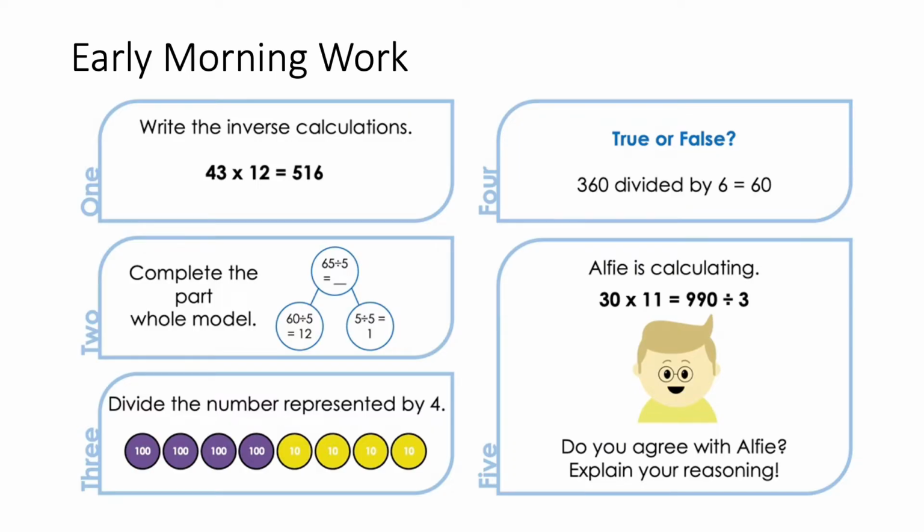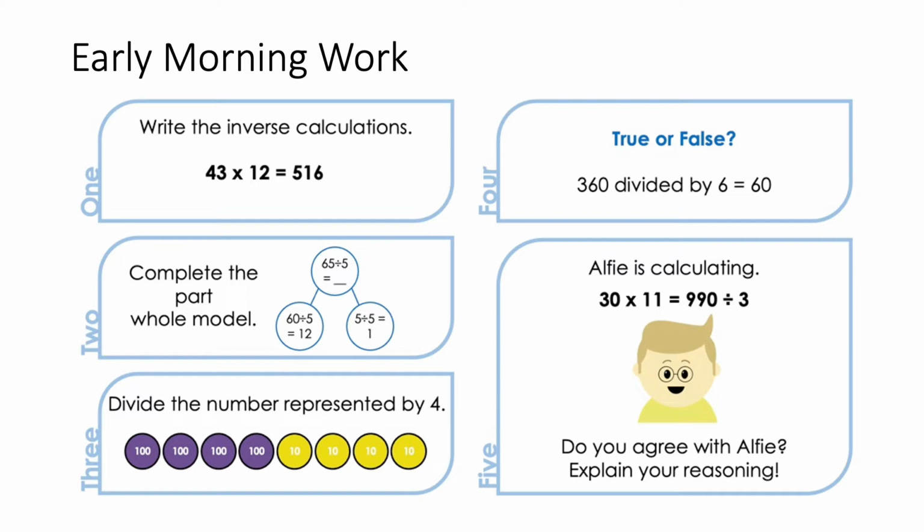So, early morning work. What you need to do is, for number one, write the inverse calculation. Now, what does inverse mean? It means the opposite. So what's the calculation method there? It is multiplication. So what is the opposite of multiplying? Yeah, it's dividing.